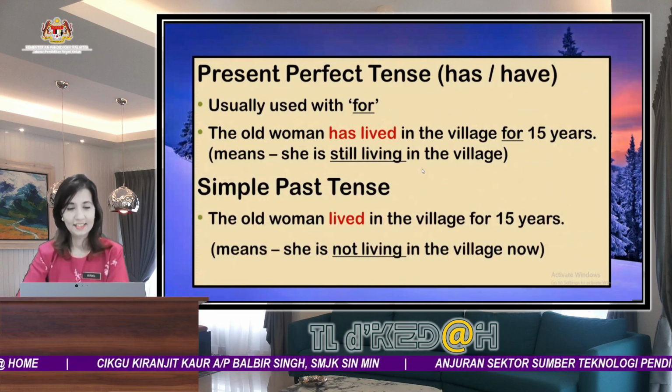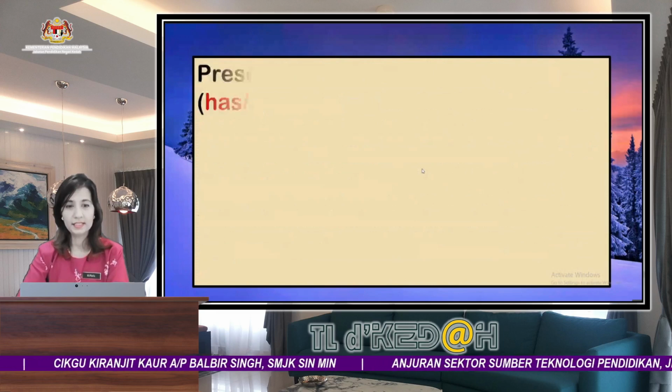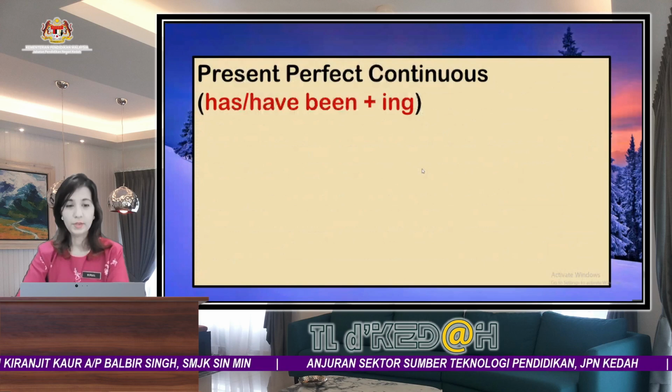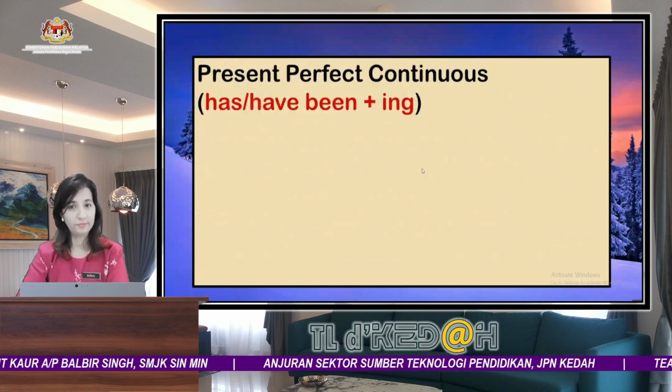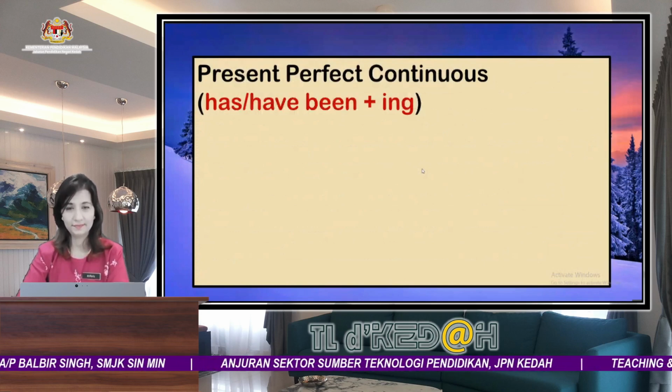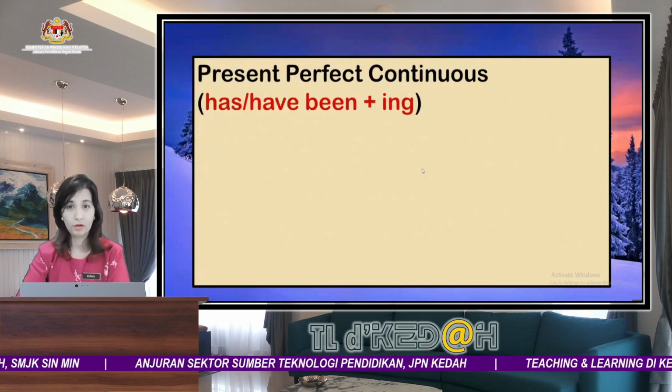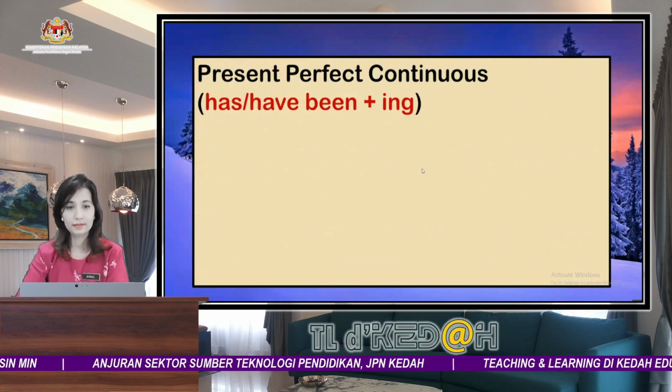Okay, right. So the next one I'm going to touch on is present perfect continuous tense, where you have has been or have been plus ing. Now, the word continuous shows that something is going on continuously. It's in progress.